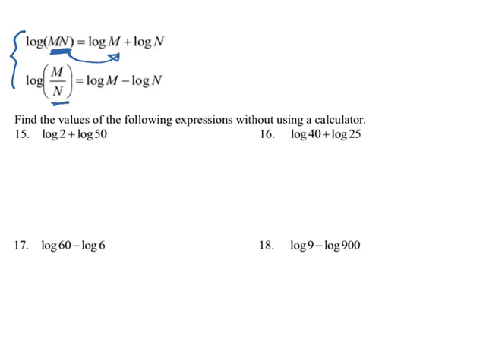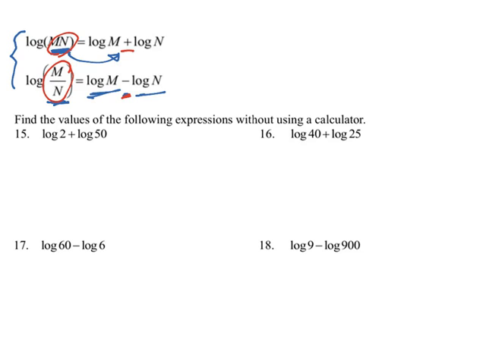And for division, log of m over n, then it becomes log m minus log n. So we can have a conclusion like this. If times, it becomes plus. If divide, it becomes minus.